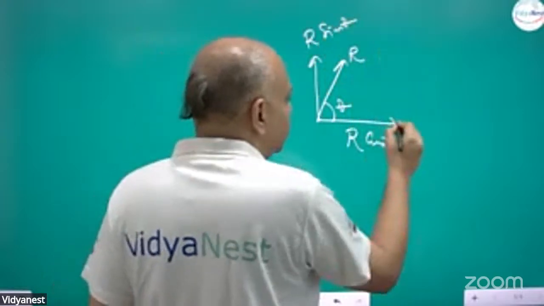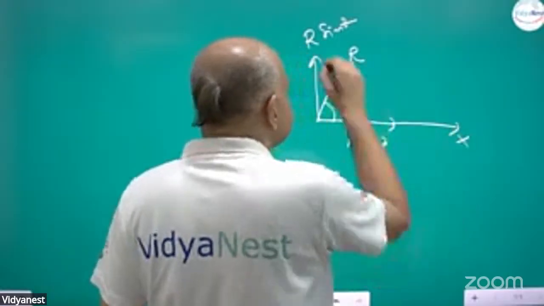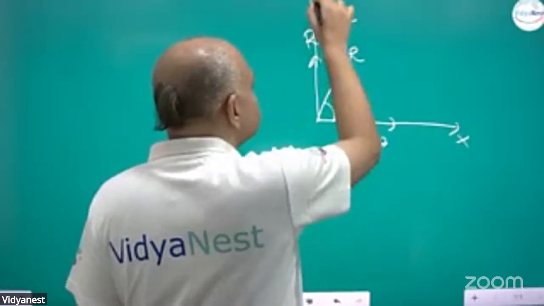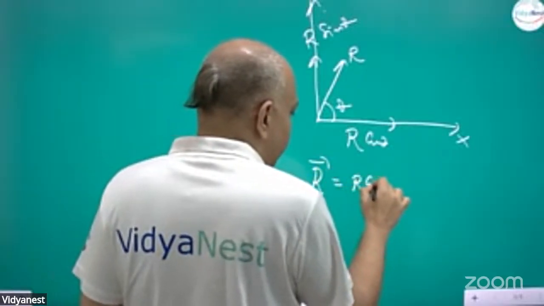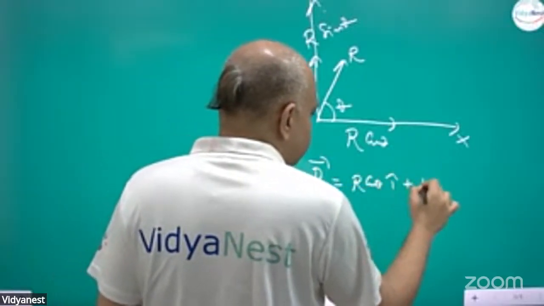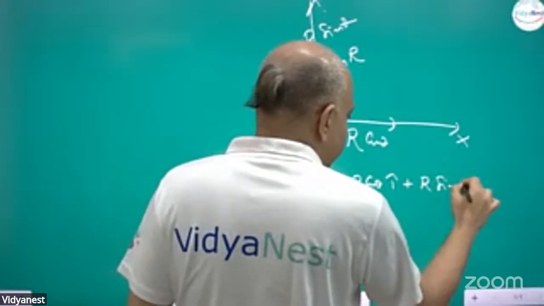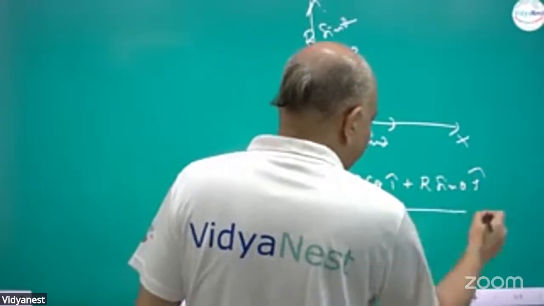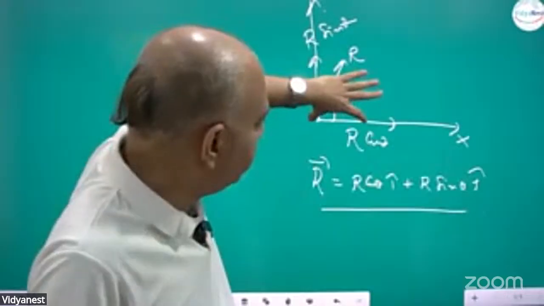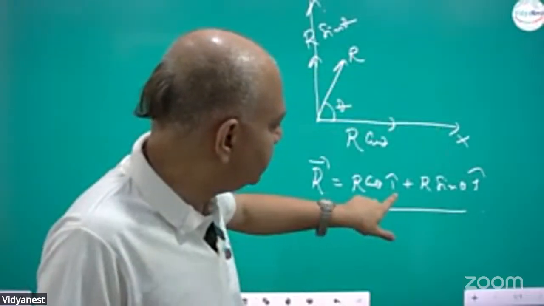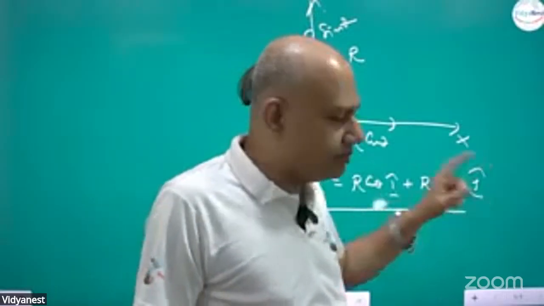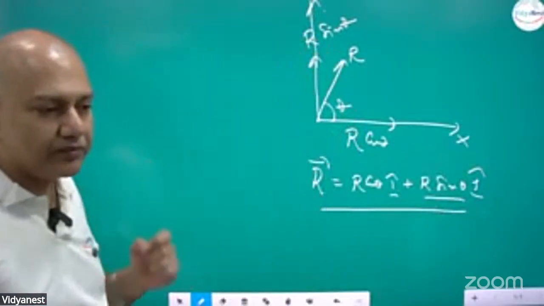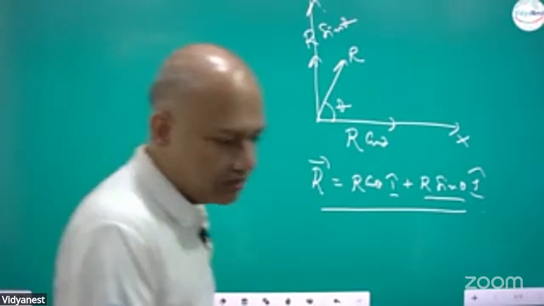So if I'm going to take this as my x-axis, this is my y-axis. So vector r can be represented as r cos theta I cap plus r sine theta j cap, isn't it? Because this component is along x-axis, so we can put the I cap, and this component is along y-axis, we can put the j cap. Okay, no problem. Very good.